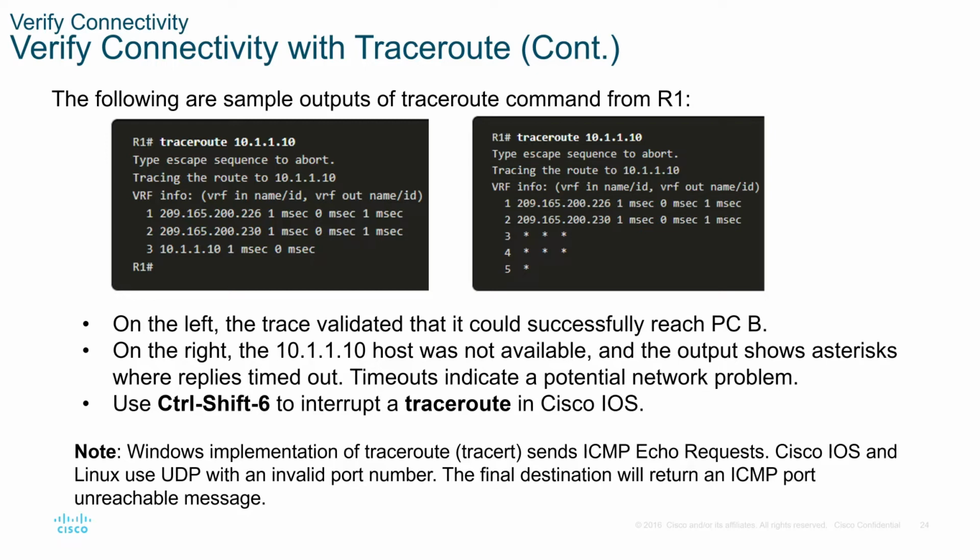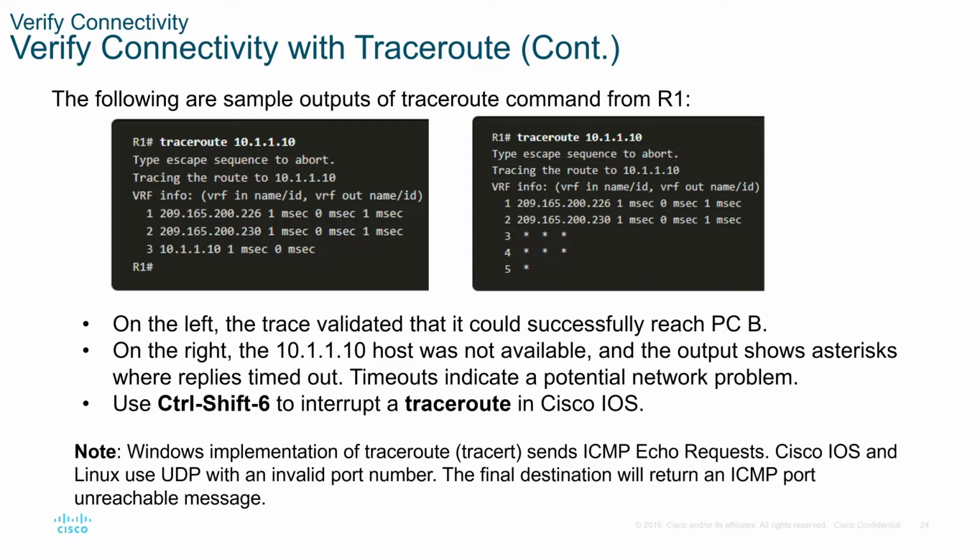On the router, you can use Control-Shift-6 to interrupt a traceroute. As you may recall, on a Windows machine, it is Control-C. As a note, the Windows implementation of traceroute, or tracert, sends ICMP echo requests.